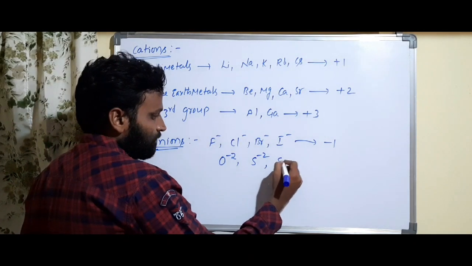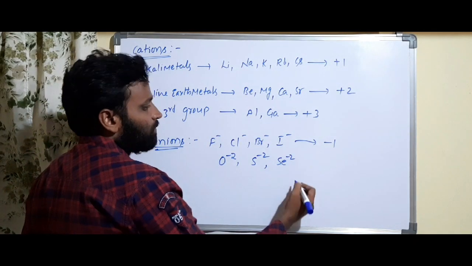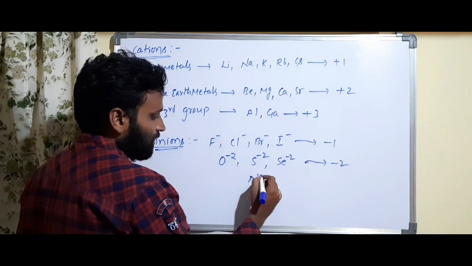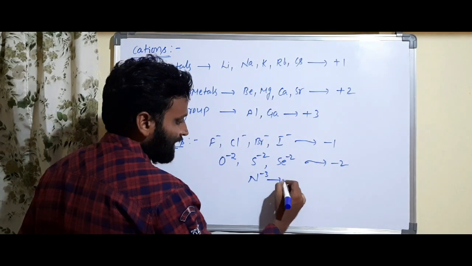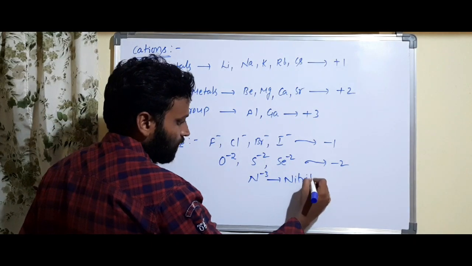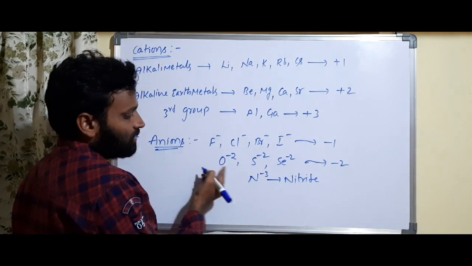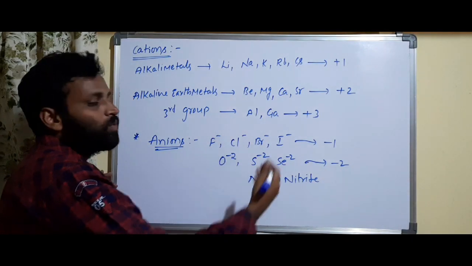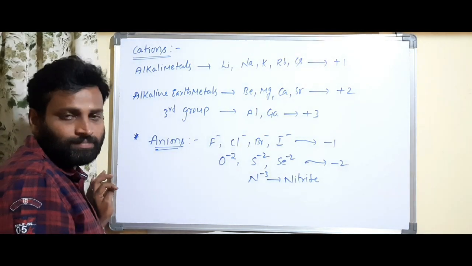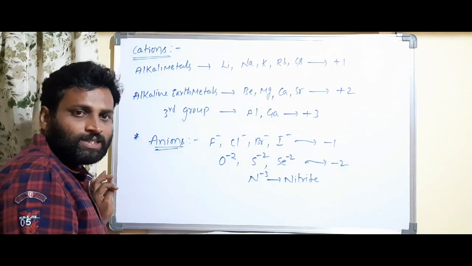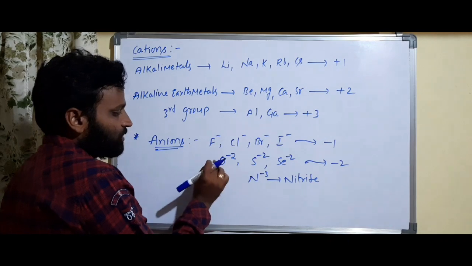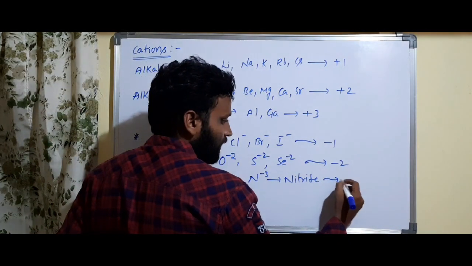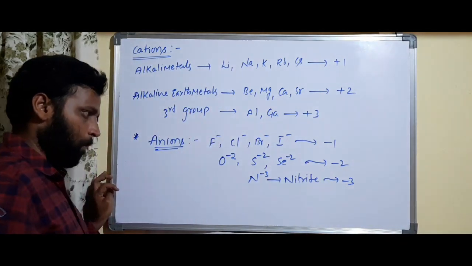Single selenium, oxygen, sulfur, selenium means -2. These all three have -2. Nitrogen has N -3, we call nitride. This is called oxide, sulfide, selenide. These are fluoride. Anions get the ending ide. Getting what I'm saying? So here nitride, this is oxide. Here you will get -3 charge.